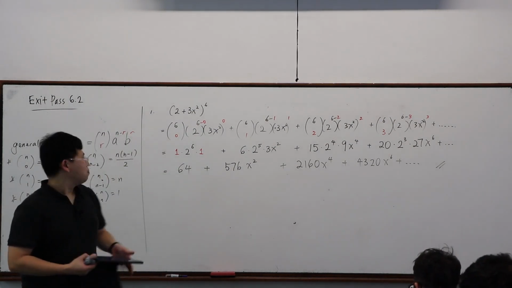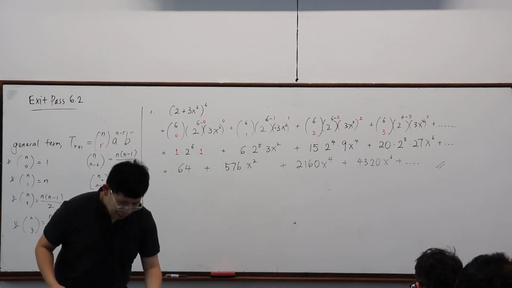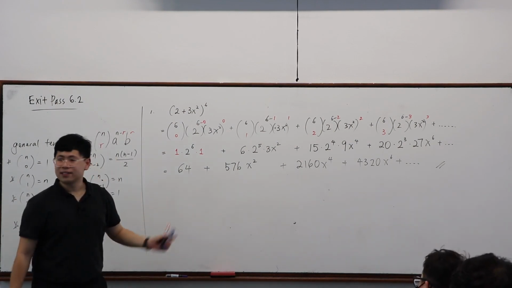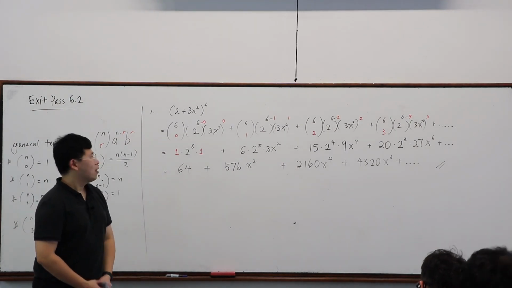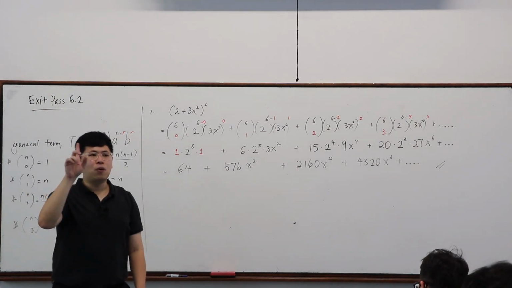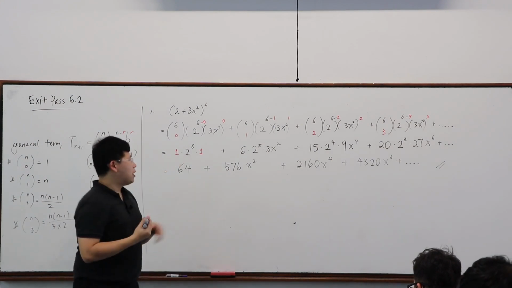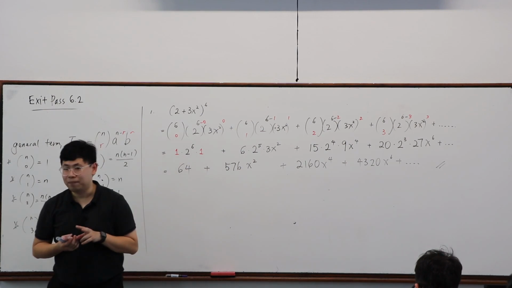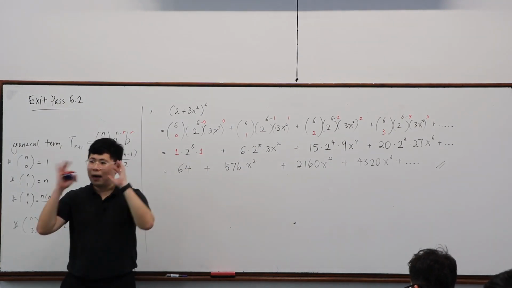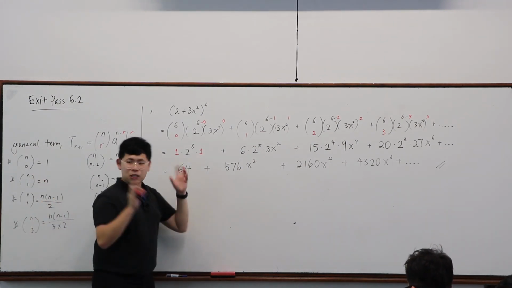Okay, question 2. Anyone still need this? Don't need. Also one more thing to think of: because we are looking for polynomials, your mind needs to be focused on the specific term.